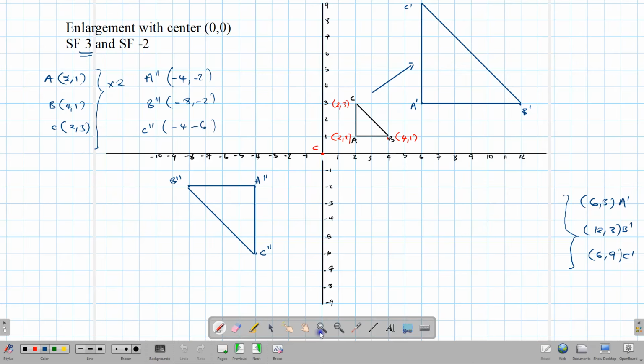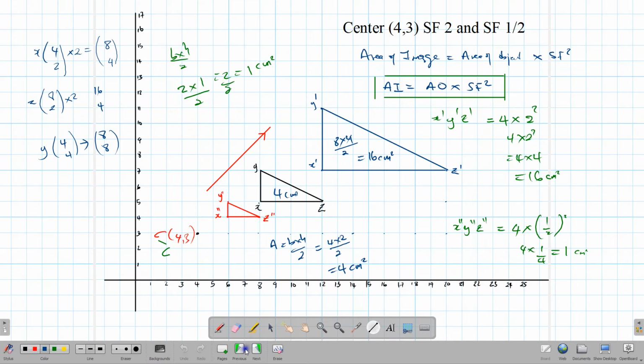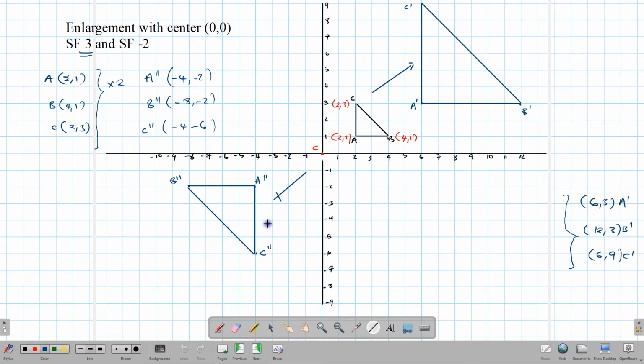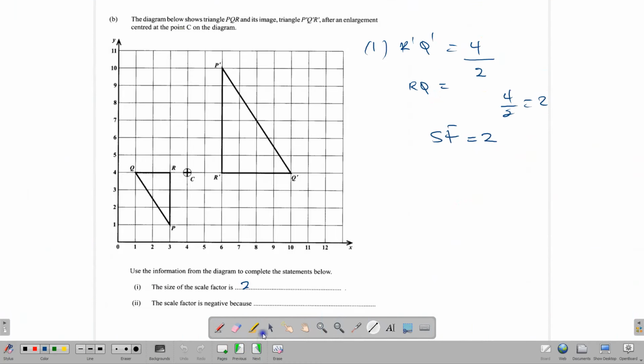With a negative scale factor, the image appears on this side of the center. So when the scale factor is negative, the image will appear on the other side of the center. Forgive me for that.